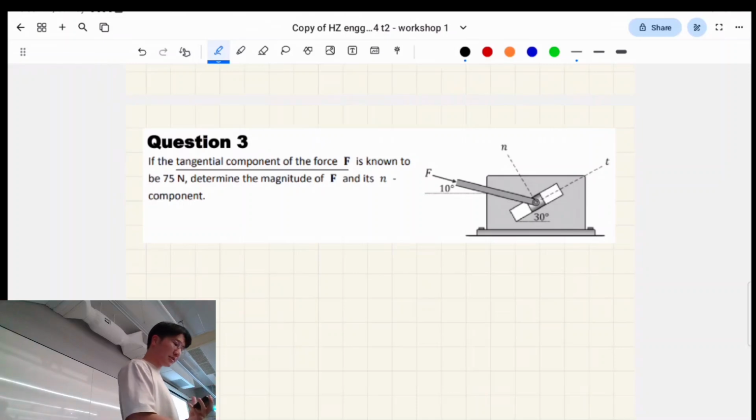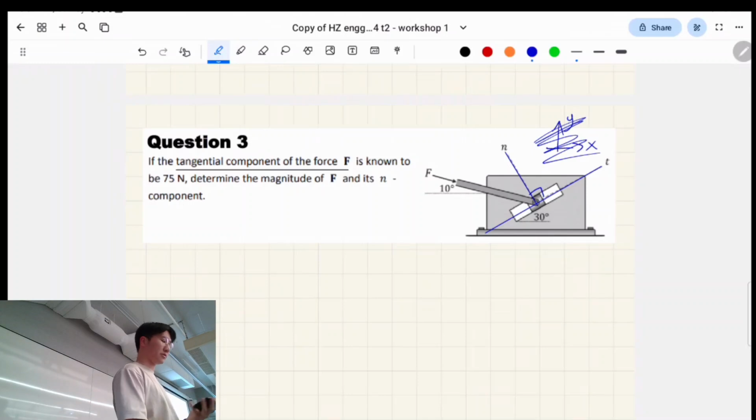So the tangential plane is that one. That refers to along the slope and along the incline. And the normal force is perpendicular to this. So this is a new coordinate system that we're using. Instead of X and Y, it's actually better for certain questions to use this 2D coordinate system.